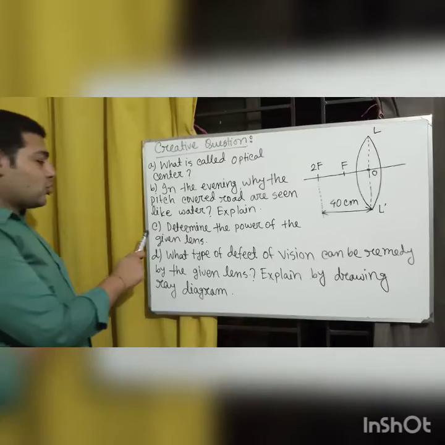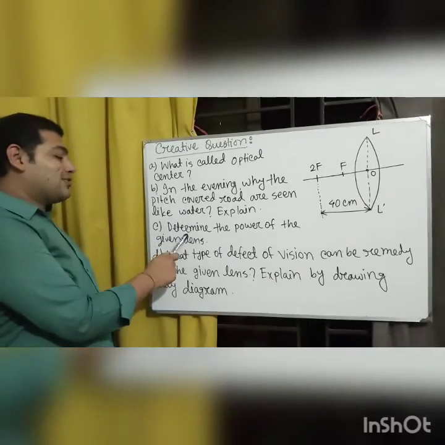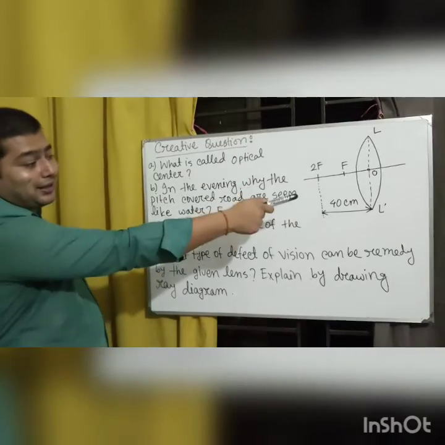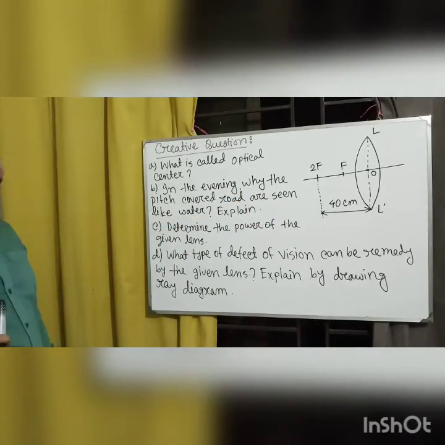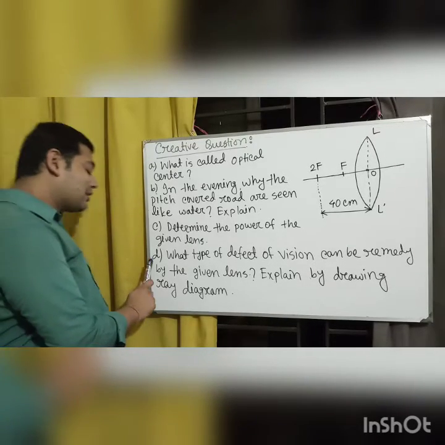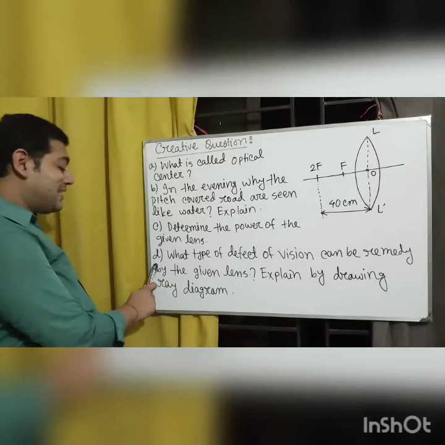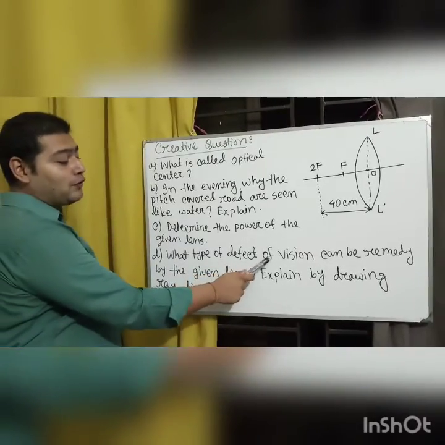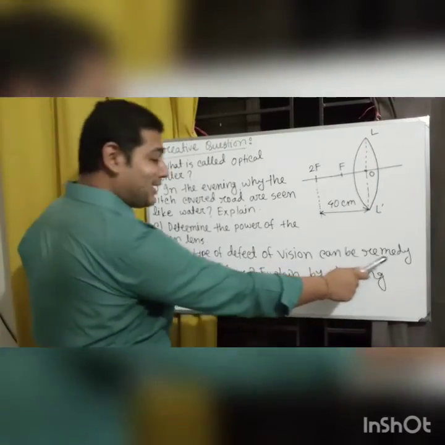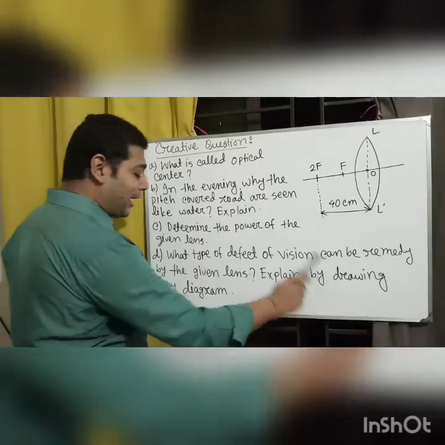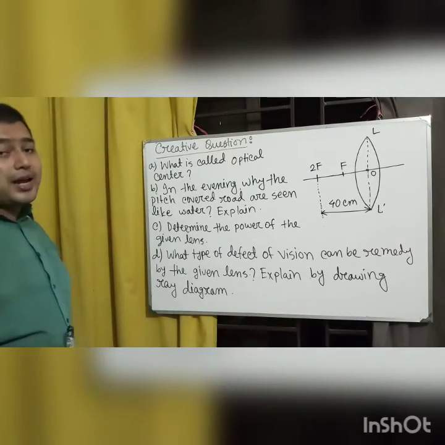Question number C, determine the power of the given lens. So we need to determine the power of the given lens. And the last question, question number D, is what type of defect of vision can be remedied by the given lens? Explain by drawing a ray diagram.